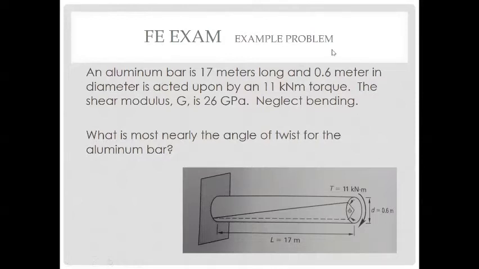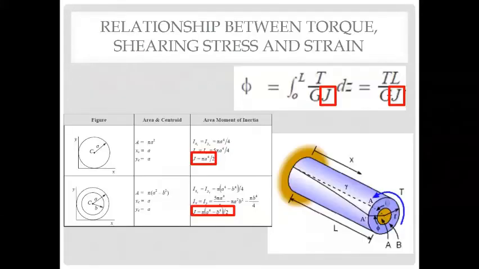So for those of you that may not be familiar, that equation, phi equals TL over JG. Let me go back to it right here. Phi is equal to TL over JG. This equation gives you phi, the angle of twist, in radians, right?